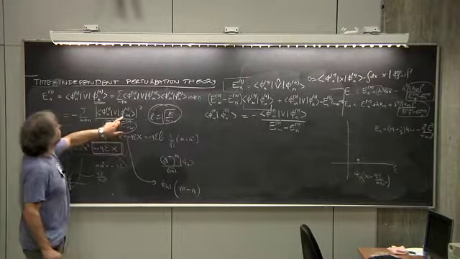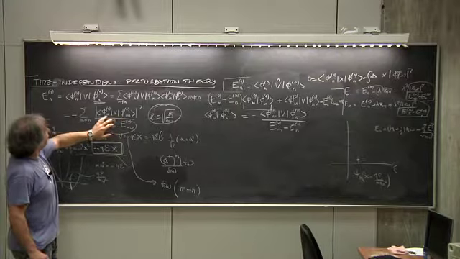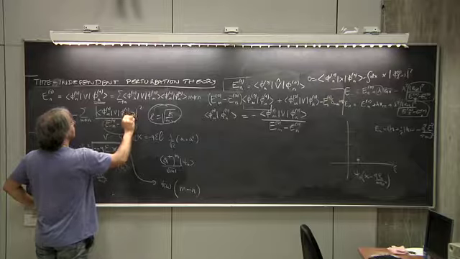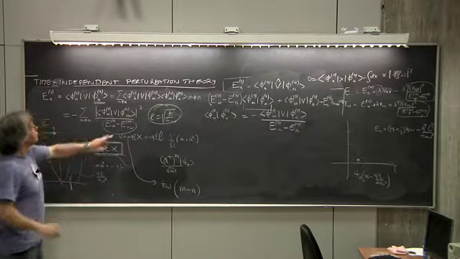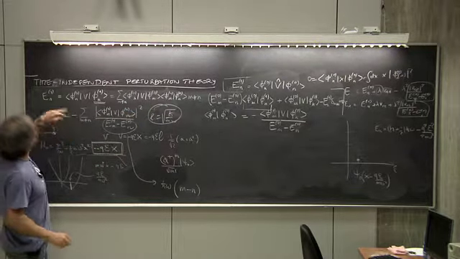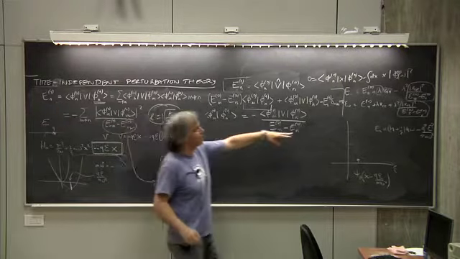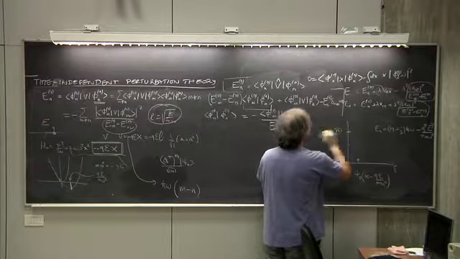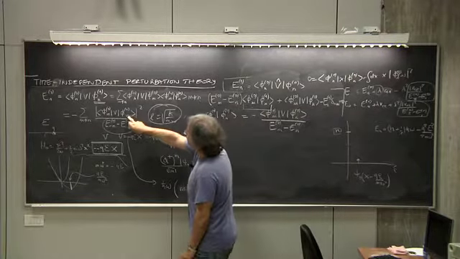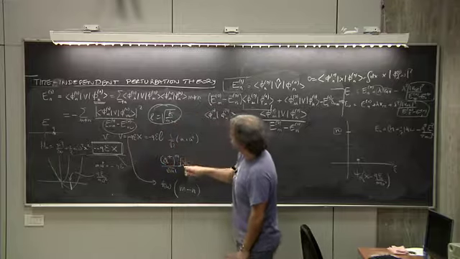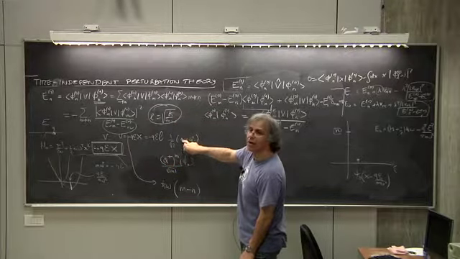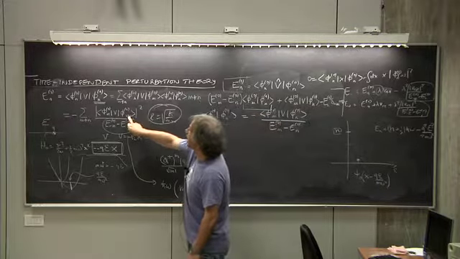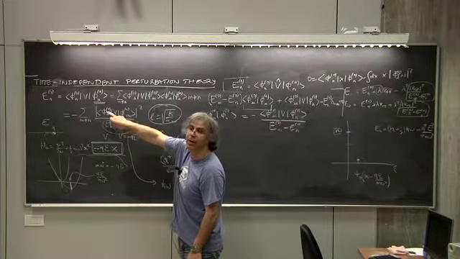Acting on a certain state, for instance, let us consider a certain state n for which I want to calculate the shift. With V, what I can do is destroy an a or create an a dagger, which means that from n, I can go to n plus 1 or n minus 1.